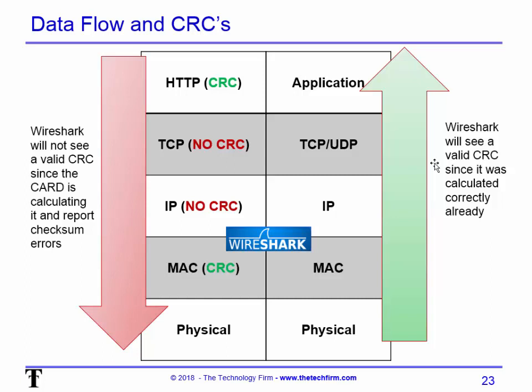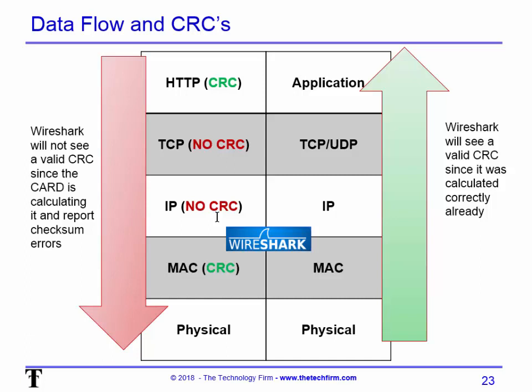Now, if you take a look at the flow of data, you'll see as the packet goes through, in this case, HTTP, TCP, IP, and then the MAC, and then the physical layer, and off it goes. So you would see Wireshark complaining in this case about TCP no CRC, IP no CRC, that sort of thing, and you'd see a lot of errors. The other key is if you ever see errors when you only transmit, not when you receive packets, that's also a good telltale sign that checksum offloading is at play.